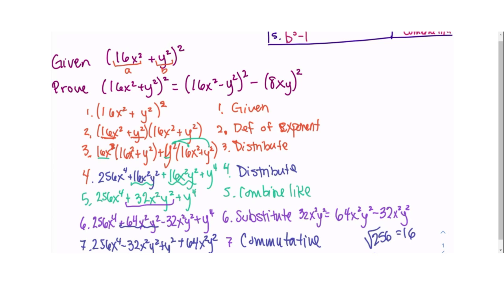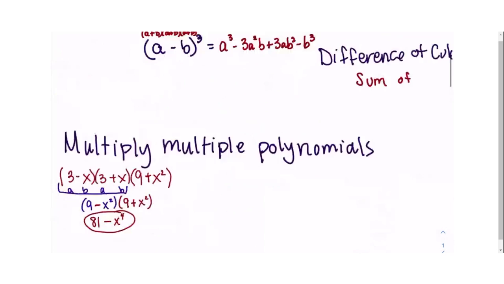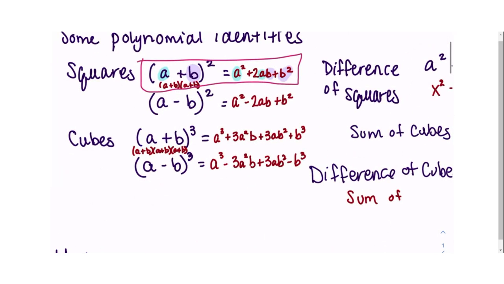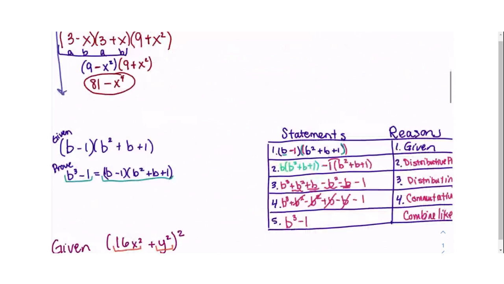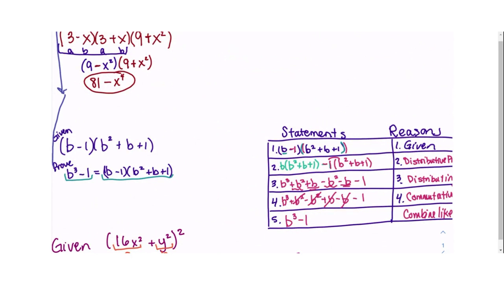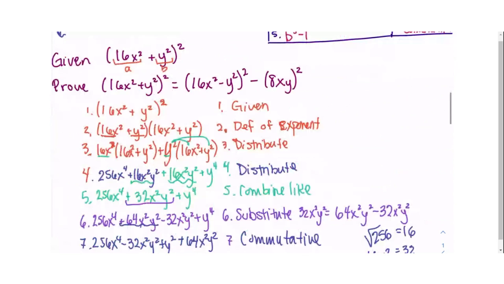And I know that 16 multiplied by 2 is 32, which is this thing. So this is the pattern that I'm using on this one. I'm going to come all the way down to this part right here. So this is the same thing.